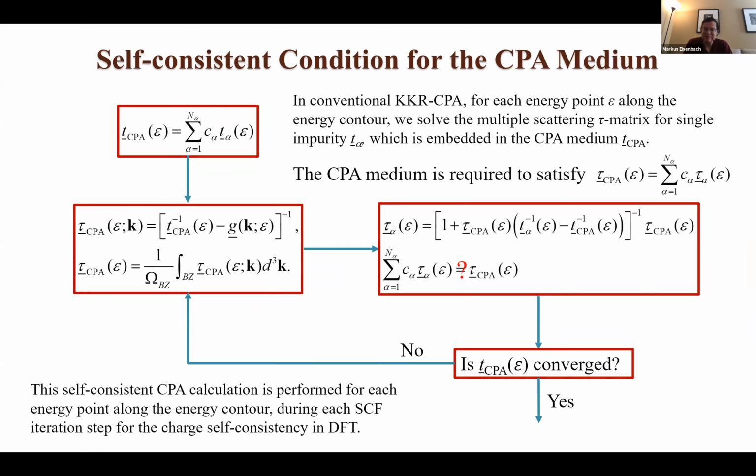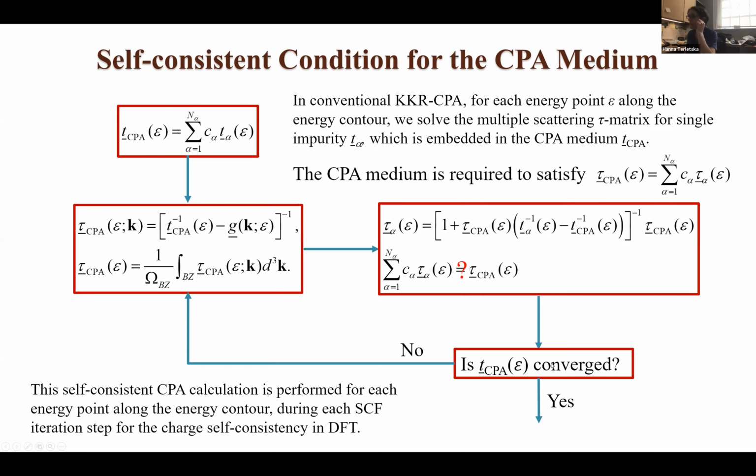I don't think I have another slide showing how the next TCPA is constructed. It's a bunch of linear equations. You just have to manipulate it a little bit; based on this equation, you take TCPA out, and it gives you the idea of what the next TCPA is.